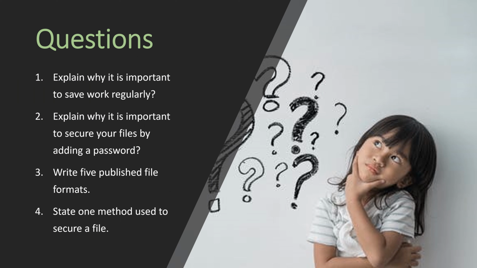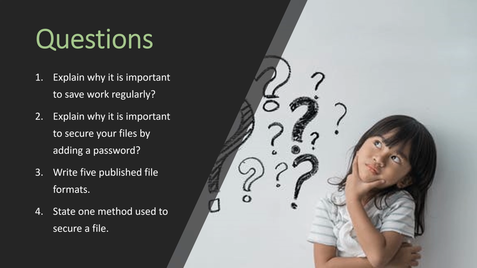There are some questions regarding this chapter. The first one is explain why it is important to save work regularly. Second one, explain why it is important to secure your files by adding a password.